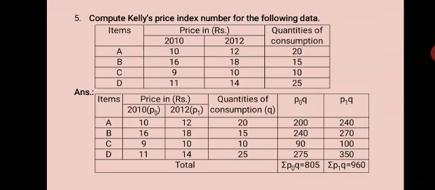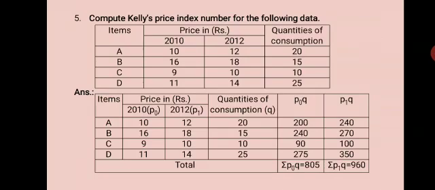Then we have the next, fifth question, as compute Kelly's price index number for the following data. Here price in 2010 and price in 2012 are given. 2010 is a base year and 2012 is a current year.